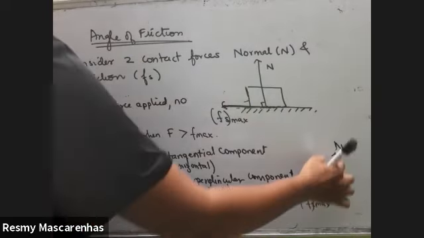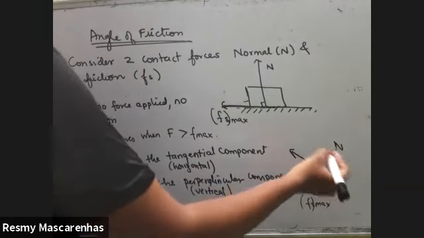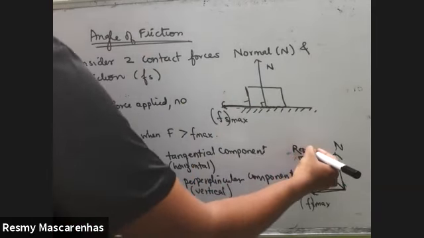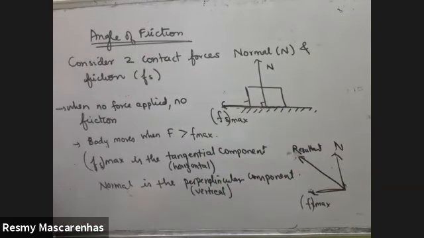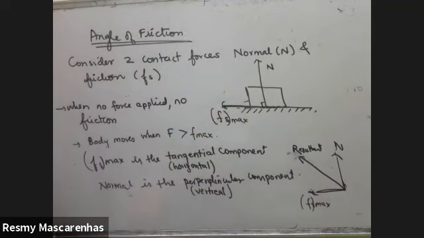So I'll try to find the combination of these two vectors. Anytime we want to calculate the main vector between any two vectors, these are your components, and the main vector is called the resultant.